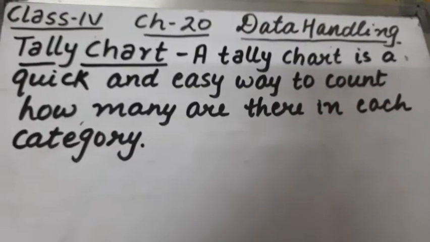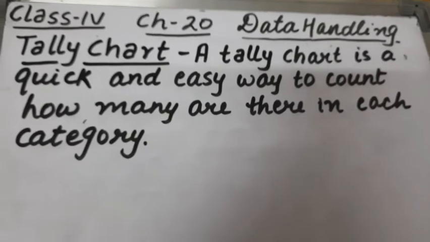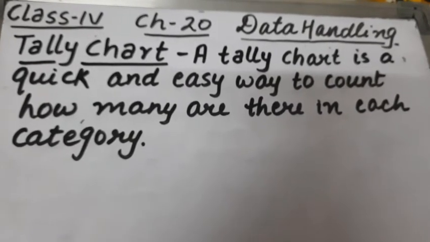A tally chart is a quick and easy way to count how many are there in each category.